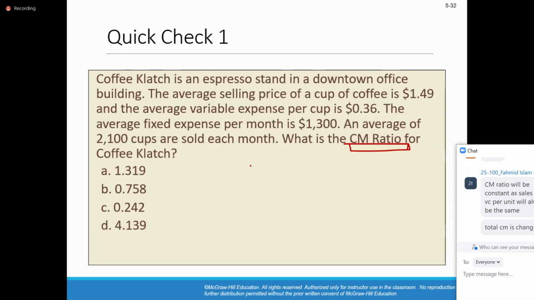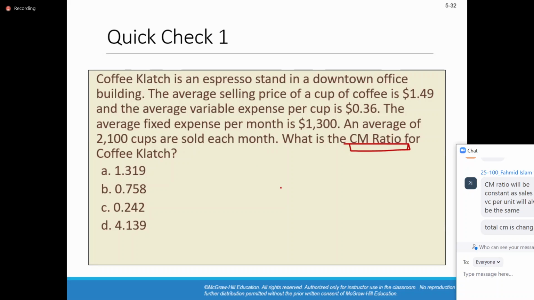Let me help you. How can you approximate? So we need either the per unit selling price and per unit variable expense, or we need the total sales and total variable expenses. So as long as per unit selling price and variable expense are given, we do not need to go for taking the total sales or total variable expense.